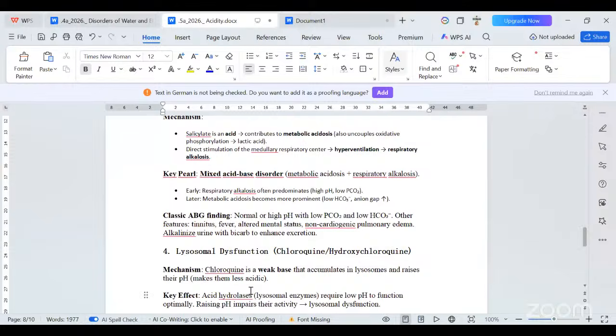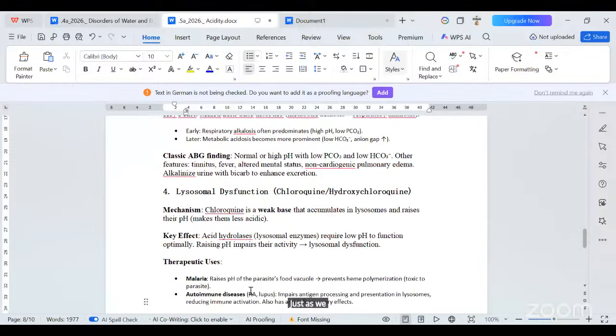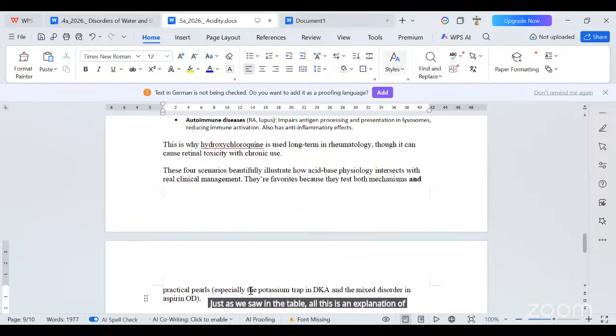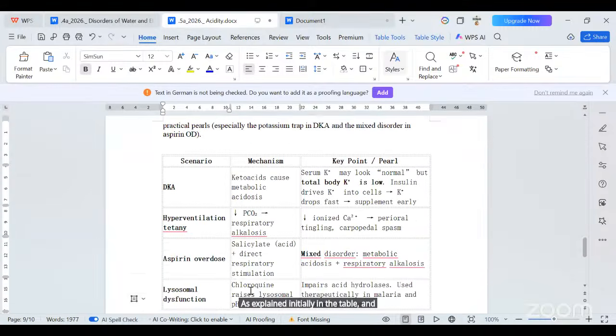Lysosomal dysfunction. Just as we saw in the table, all this is an explanation of what I've explained initially in the table, and this is appearing here again.